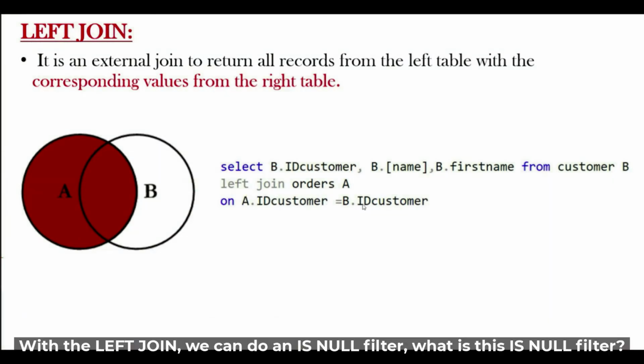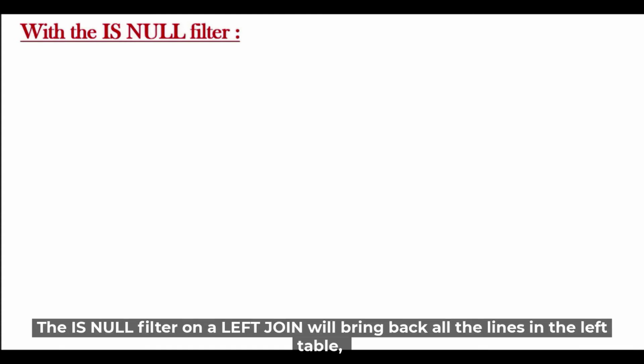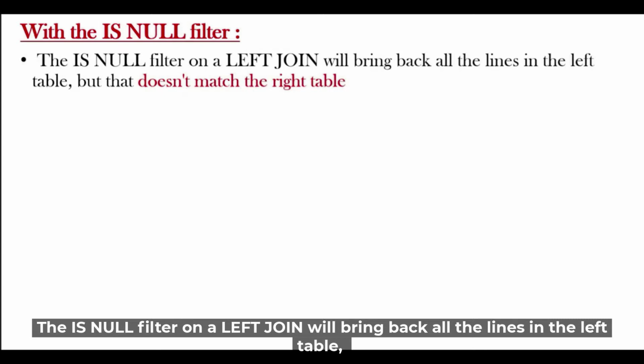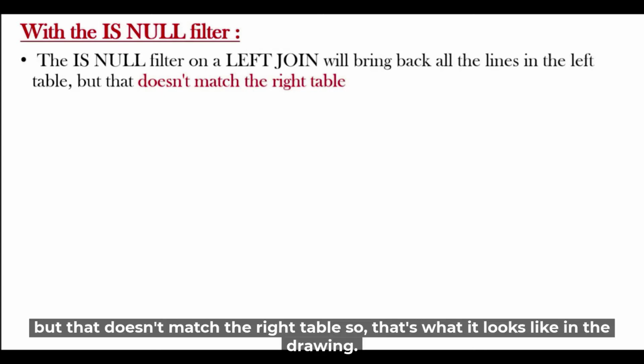With the left join, we can do an is-null filter. What is this is-null filter? The is-null filter on the left join will bring back all the rows in the left table that don't match the right table.